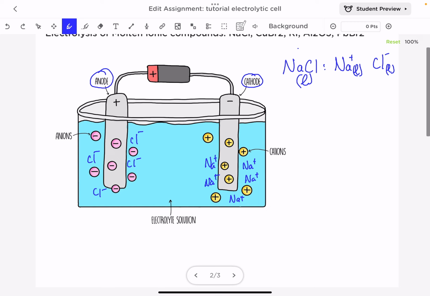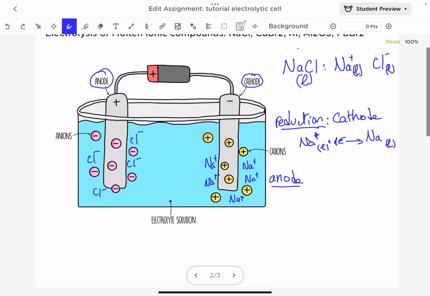At the cathode, it's always a reduction, and the metal ion, which is in the liquid state, will get reduced into a metal. However, whatever metal we obtain, it is in the liquid state. So we need to balance by adding 1 electron. That's the reduction happening at the cathode.